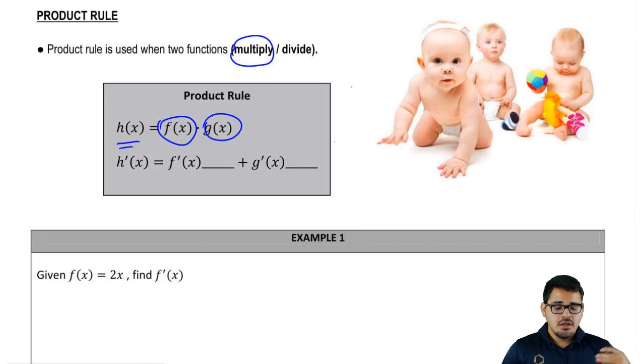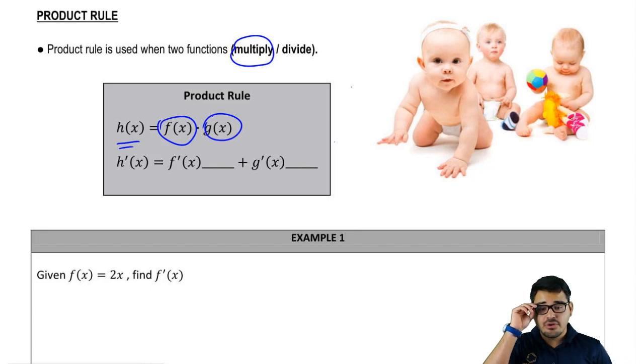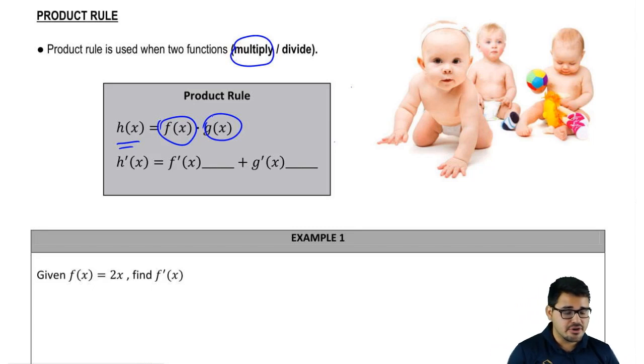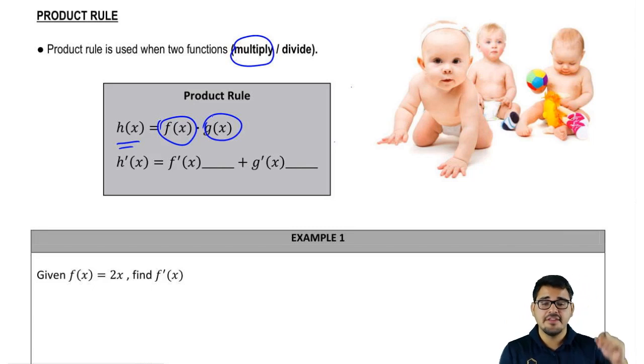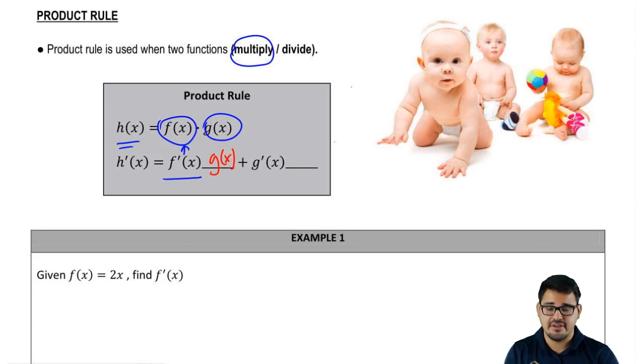Then the derivative of this is going to be: the way you do the product rule is you first take the derivative of the first function, which is f, and then you multiply by the second function without deriving it, right? And then we have plus the derivative of the second function, and we multiply by the first function.